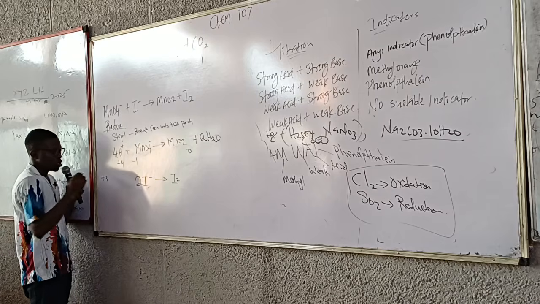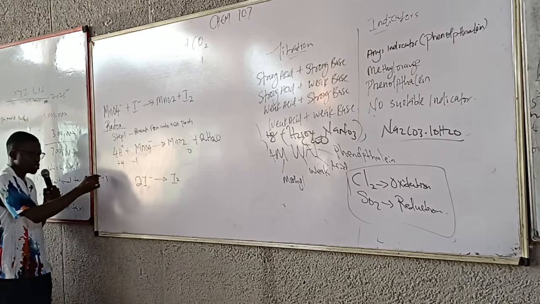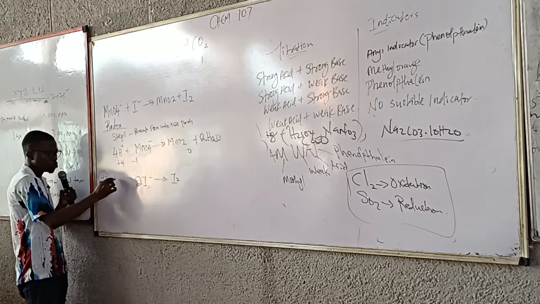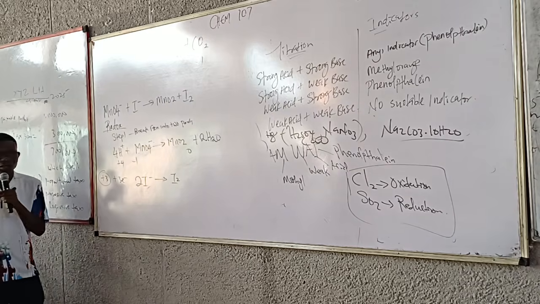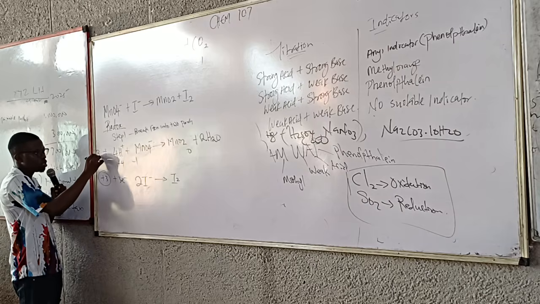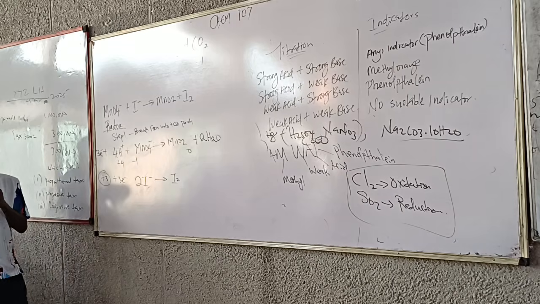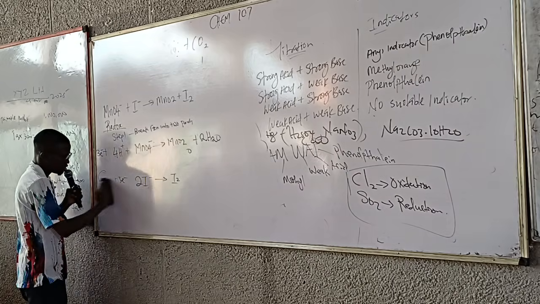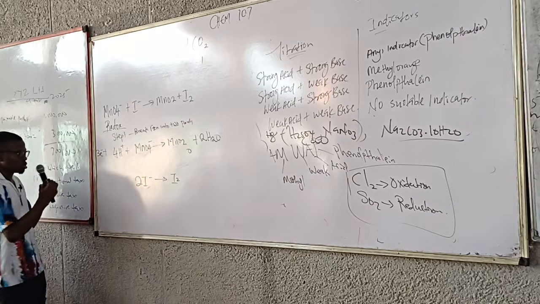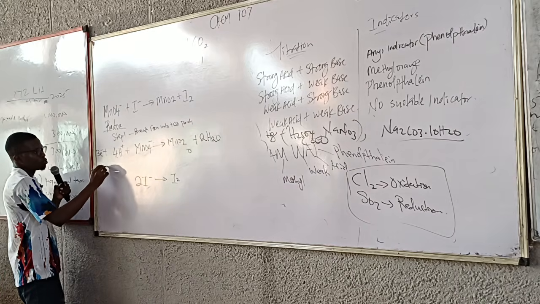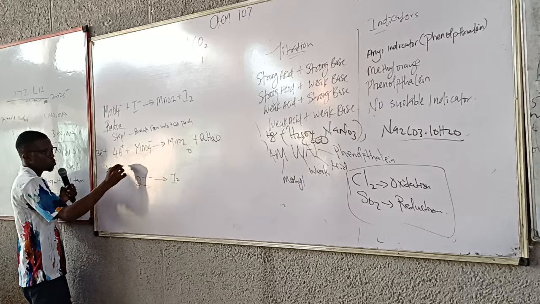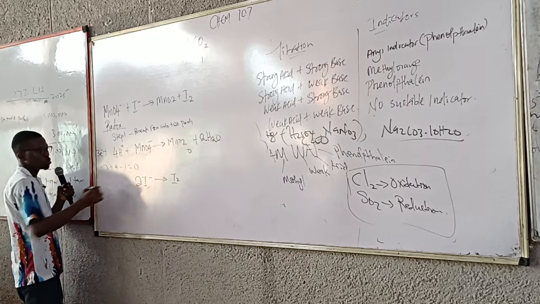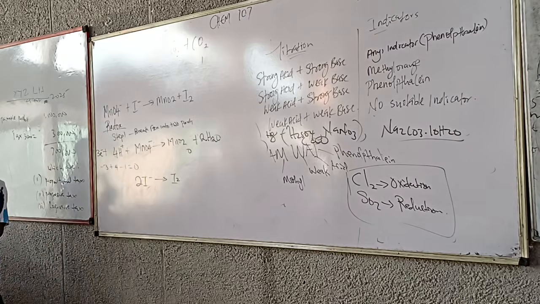I have plus 3. To neutralize this plus 3, I will bring 3e minus, so that both of them will cancel each other. Then I'll add 3e minus to this equation. So if I add 3e now, let's check the charge again. It becomes minus 3 plus 4 minus 1. This is equal to what? 0. It makes sense, Abi?